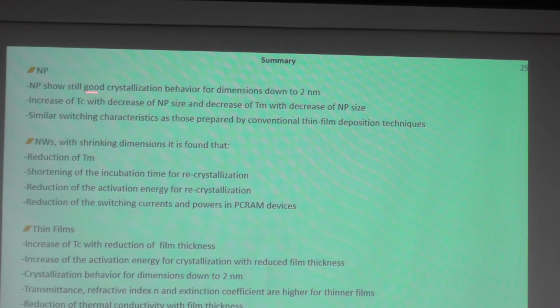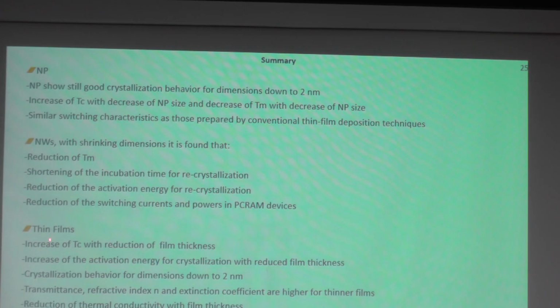They showed also an increase of TC with decrease of nanoparticle size, and a decrease of melting temperature with decrease of nanoparticle size, and similar switching characteristics as samples prepared by conventional thin film deposition techniques. Nanowires also showed reduction of melting temperature, shortening of incubation time for recrystallization, reduction of activation energy for recrystallization, and reduction of switching currents and powers in PCRAM devices.